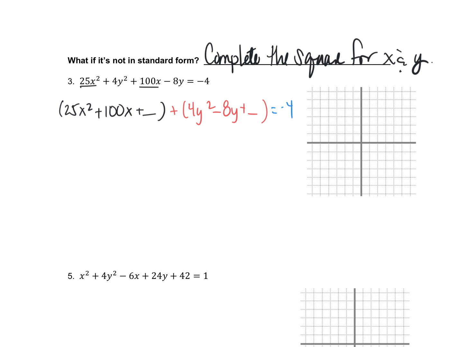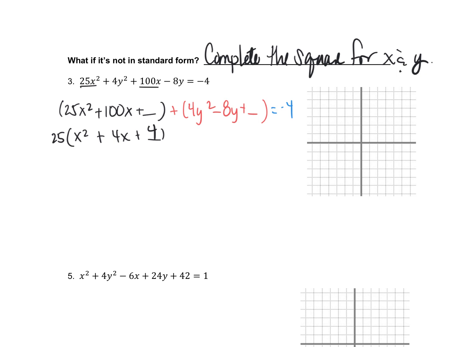But for each of these, I need to factor out an a. So let's factor out an a. We get 25 factored out, so we get x squared, 100 divided by 25 is a 4. So if I complete the square on this one, I would get 4 divided by 2 is 2, 2 squared, so I would get a 4 here.